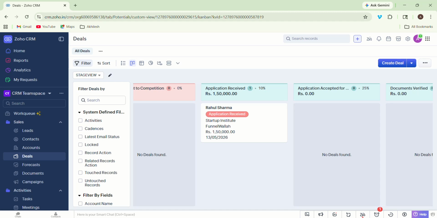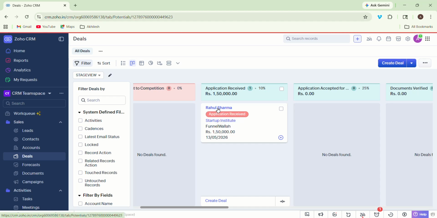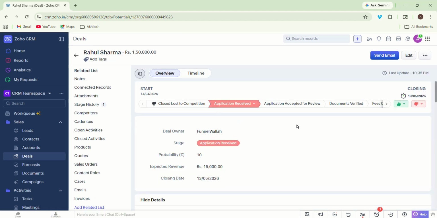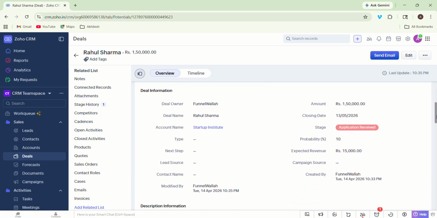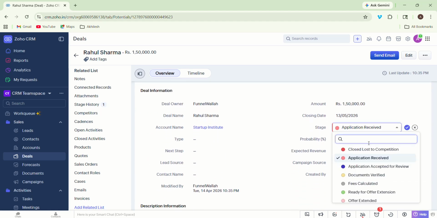So let me show you how to move a deal forward as the process progresses. There are two methods. Method one, from inside the deal record. For example, we go here. Okay, and you can see this entire stage field. You can go here also and make changes. So application accepted for review.